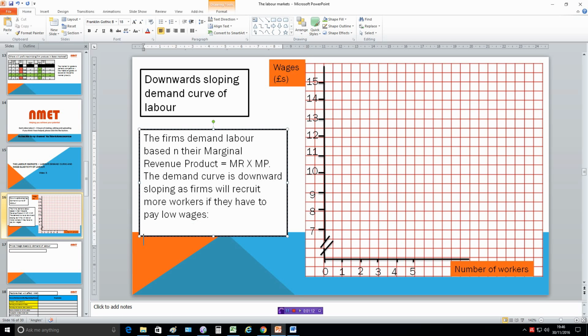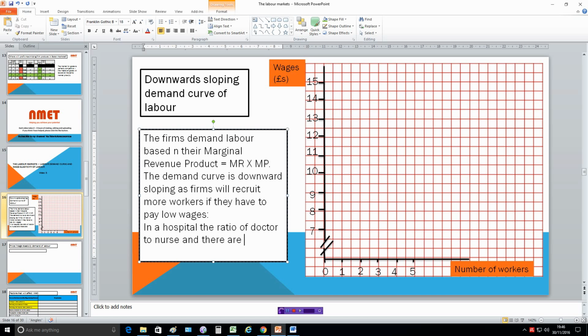Real life example. In a hospital, what would you think about the ratio of doctors to nurses? More nurses to doctors. So there are more nurses and fewer doctors. And who is more expensive?